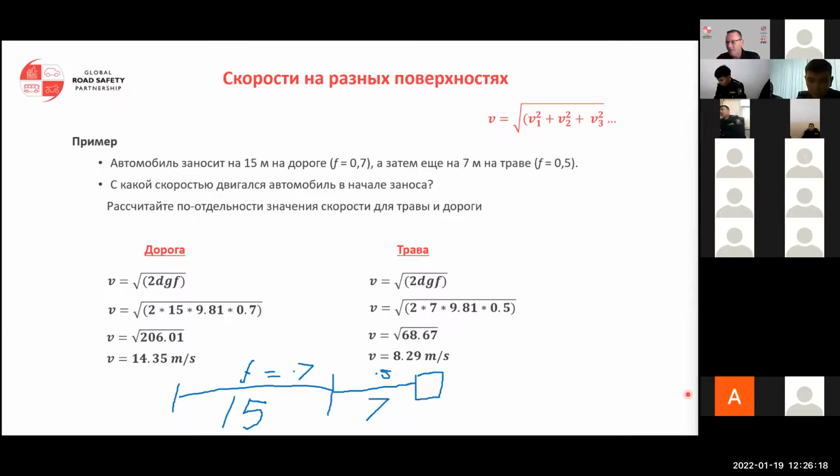And as you can see here, we have the equation. We have to calculate the velocity for surface 1 on the road. We have to calculate the velocity for surface 2, the grass. We simply repeat that equation we've just been working through. So we'll quickly do it.